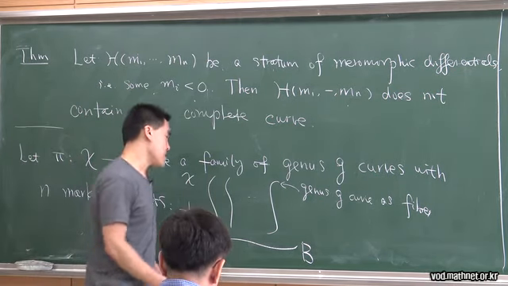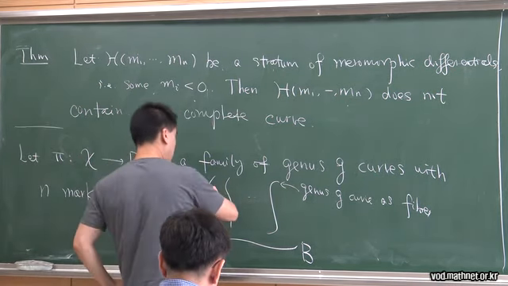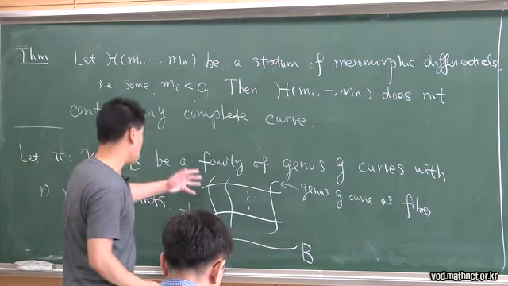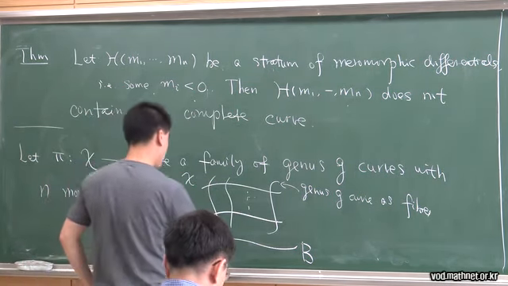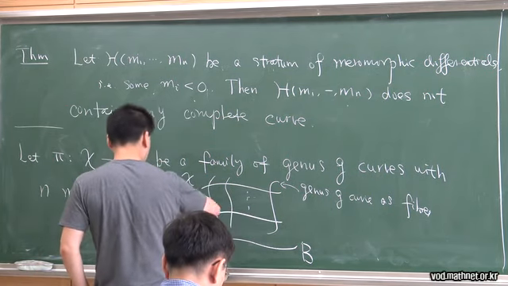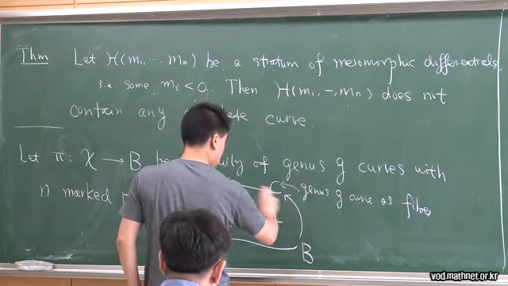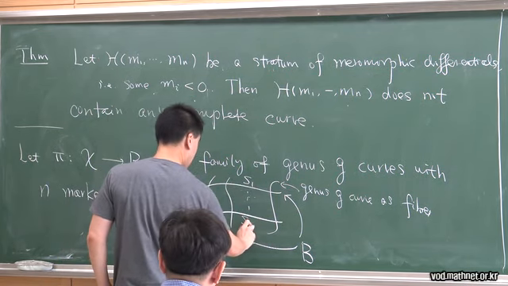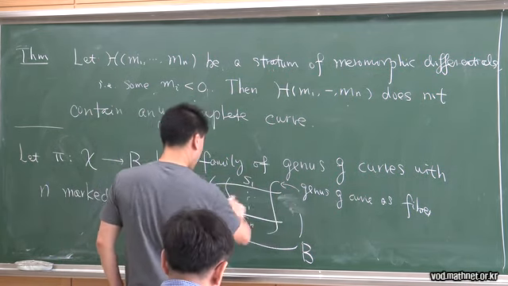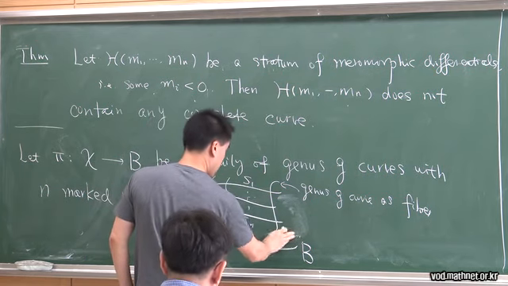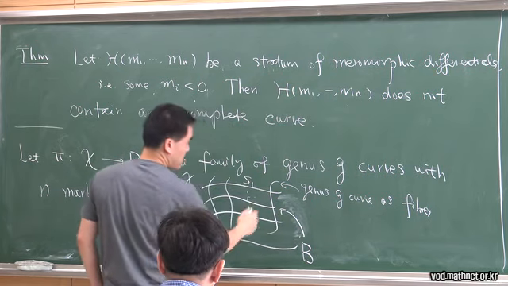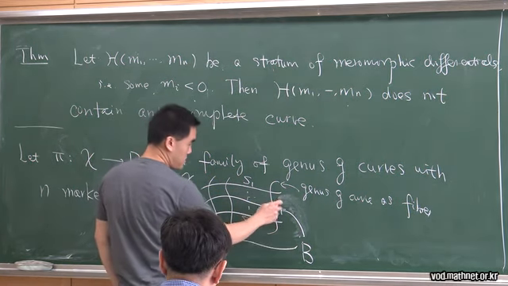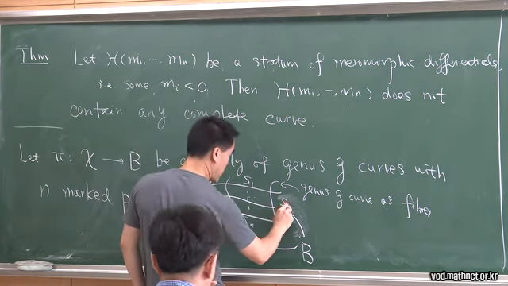So in the family, that means I can connect these n markings as sections from B to X. Let's call these sections S_1 up to S_n. So maybe let's draw another one. There's an isomorphism from B to each section, the i-th section S_i.